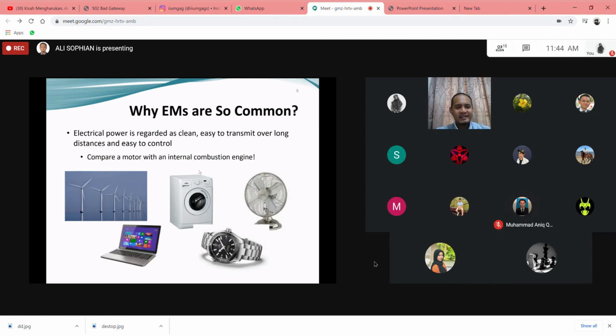That's why the latest trend is that even for cars, you use electrical motors as well, because when we talk about emission, pollution, green technology, then electrical machines are generally considered more green technology, more friendly for the environment.